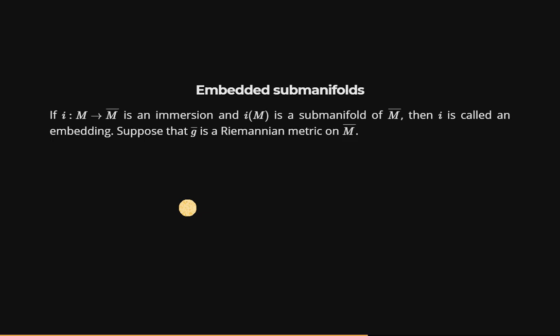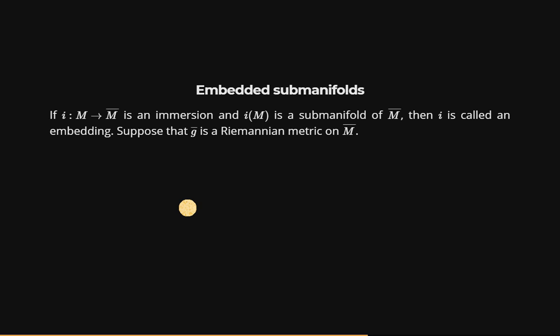So, embedded submanifold, just because I talked about the thing. If you have an immersion, that is a smooth map which has a differential which is injective at every point, and E of M is a submanifold of M bar. So for example, think M bar being Rn. E is called an embedding.